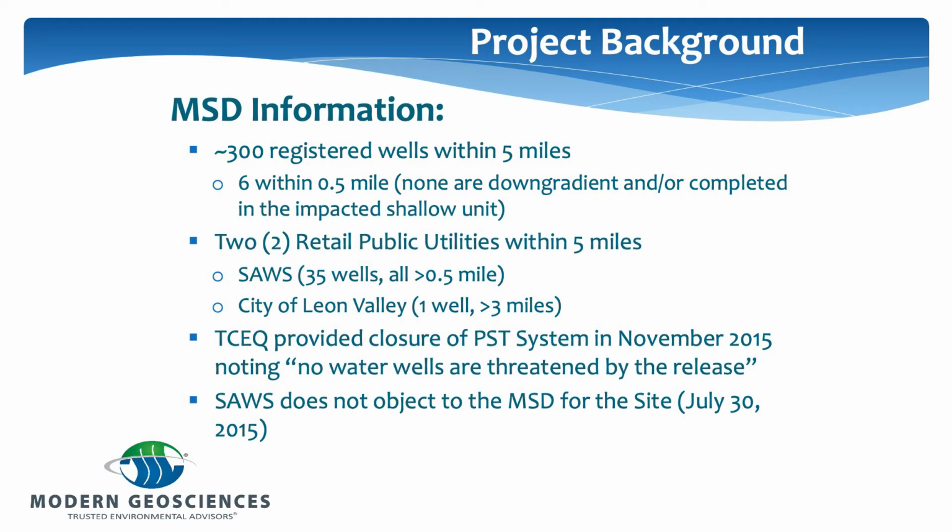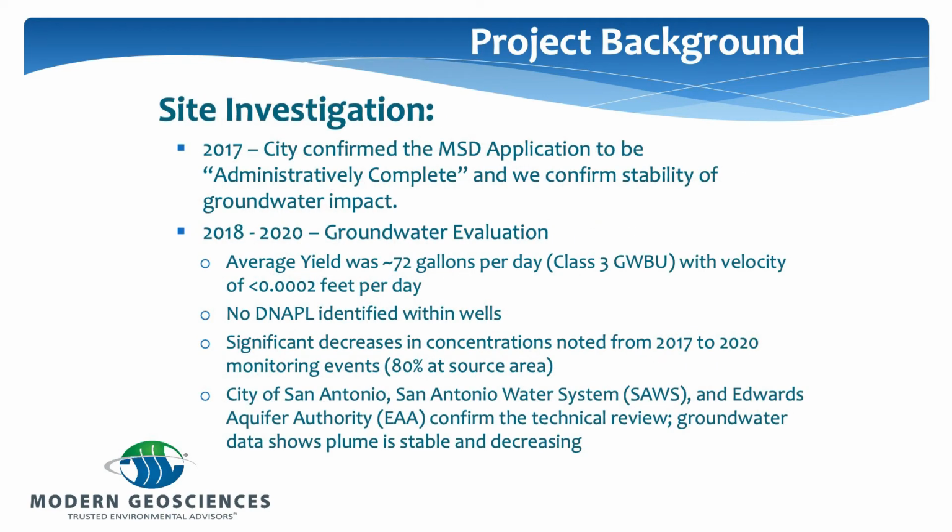The PST closure, so the petroleum storage tank, as you remember, we removed 3 tanks, we removed 2 dispensers. Those were issued closure from the state of Texas in November 2015. Going forward to 2017, as part of the MSD process and to demonstrate some of the requirements from the city, such as plume stability and plume delineation, we reached a point where the application was deemed administratively complete, but we wanted to finish the groundwater monitoring to answer those last questions.